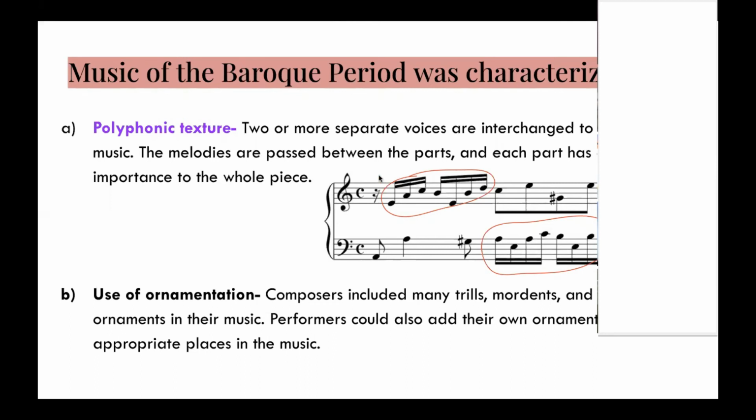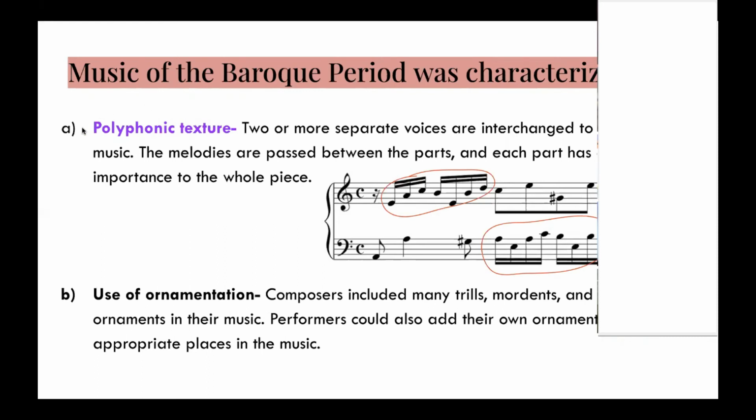So for example, this is one of Bach's inventions, if you guys recognize it. The melody starts off in the treble clef, but it quickly goes into the bass clef. And that's a characteristic that you don't really see in Mozart's music or any music after the Baroque era. So this is pretty important.